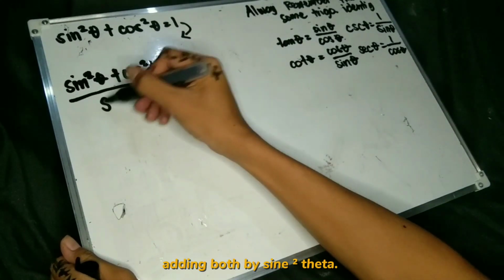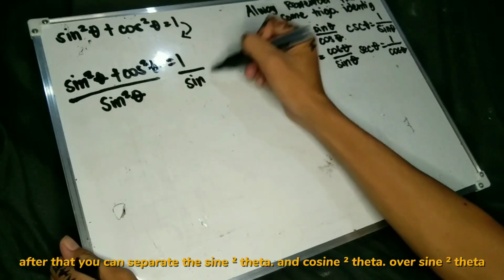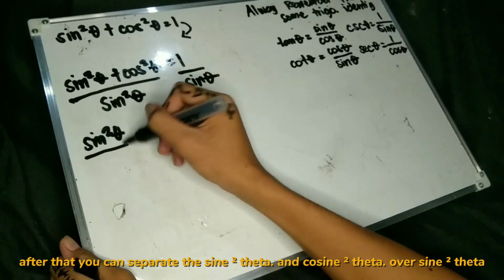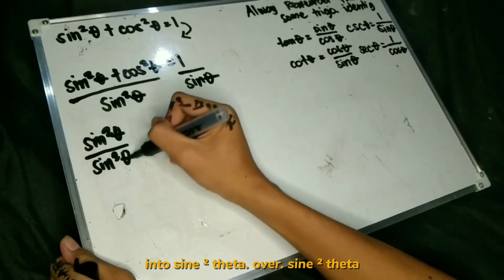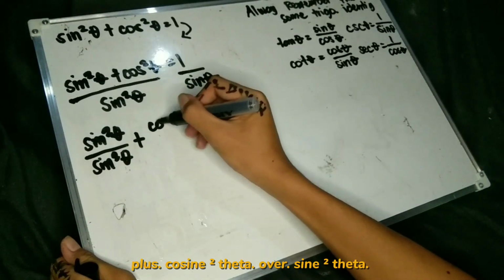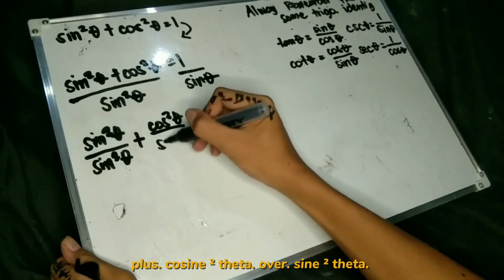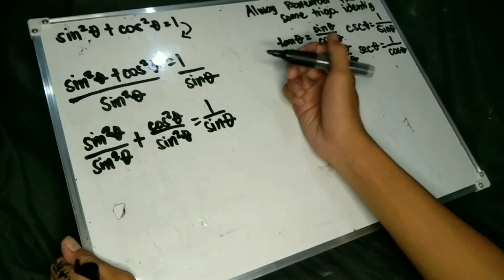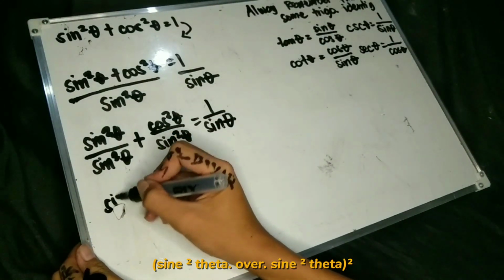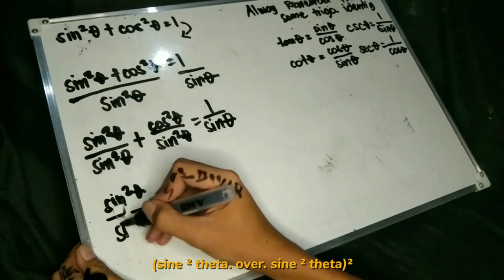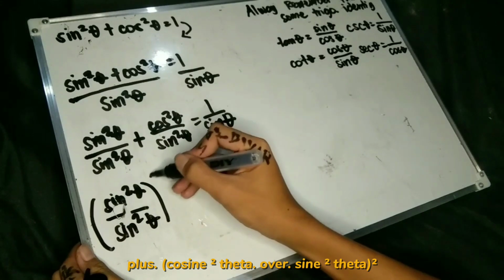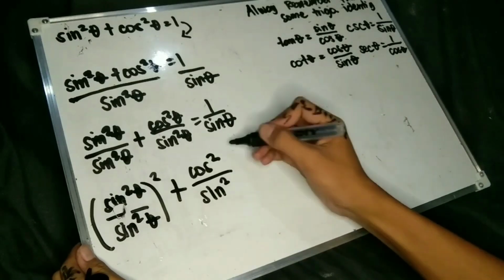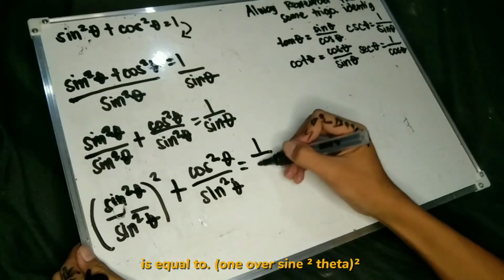Dividing both sides by sin squared theta, you can separate it into sin squared theta over sin squared theta plus cosine squared theta over sin squared theta is equal to 1 over sin squared theta.